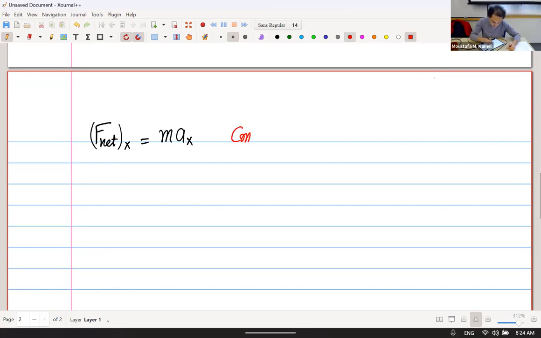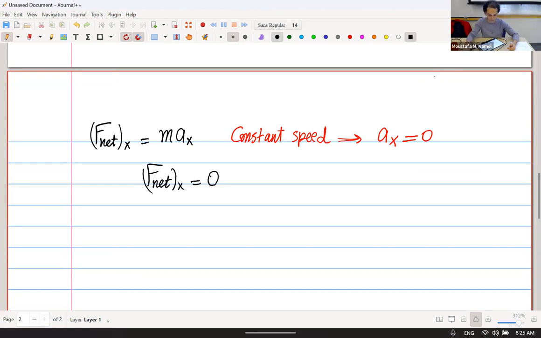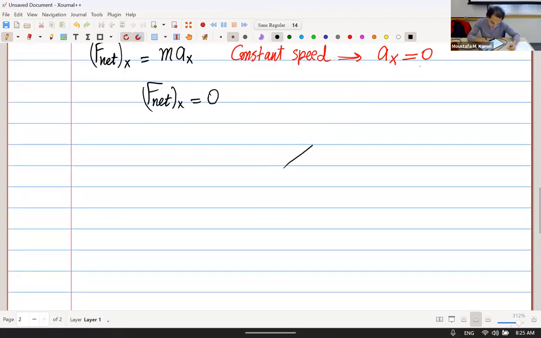If the guy is moving at constant velocity, this means that the acceleration is 0 and the net force along the x direction is 0. The forces along the x direction are the tension, friction, and now FGX.